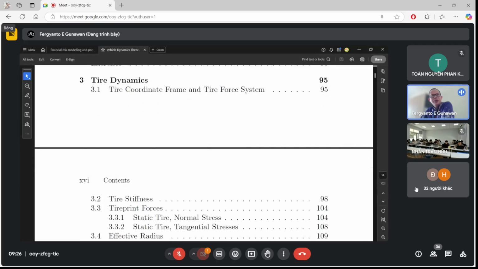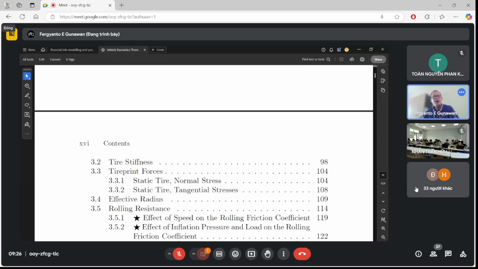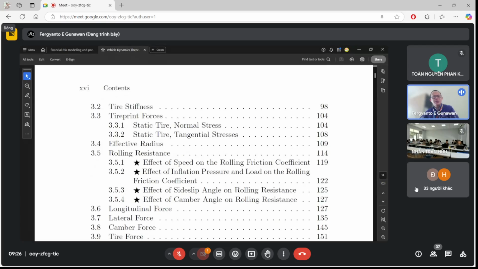Then we changed our discussion to the tire dynamics, and here you focus on the tire only. We discussed the tire coordinate system and also two angles, one of them is the camber angle, and we also discussed rolling resistance.